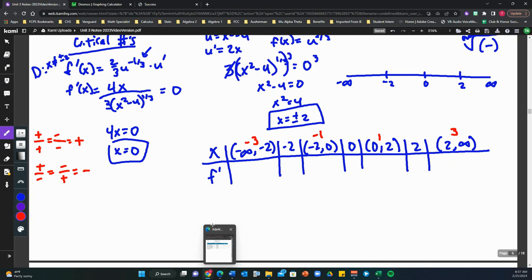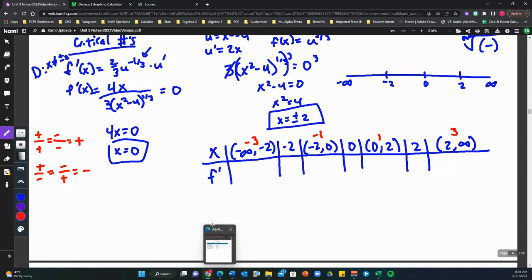So I don't really care what these numbers end up being, just is the top positive or negative, is the bottom positive or negative. So don't waste time with things that remain constant. For example, multiplying by 4 doesn't really change the sign of a number. Multiplying by 3 doesn't really change the sign of the number. So these problems take long enough, so you want to be efficient with your time. So I'm just going to stick my test values into x and inside of here, and that's all I'm really going to worry about.